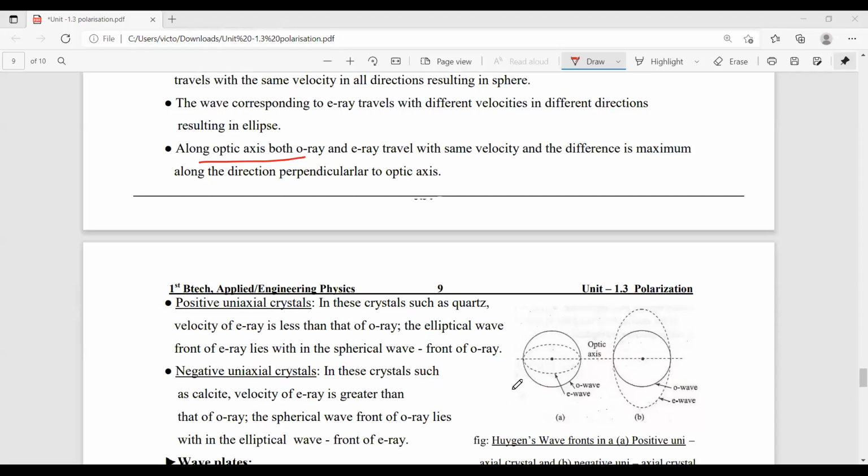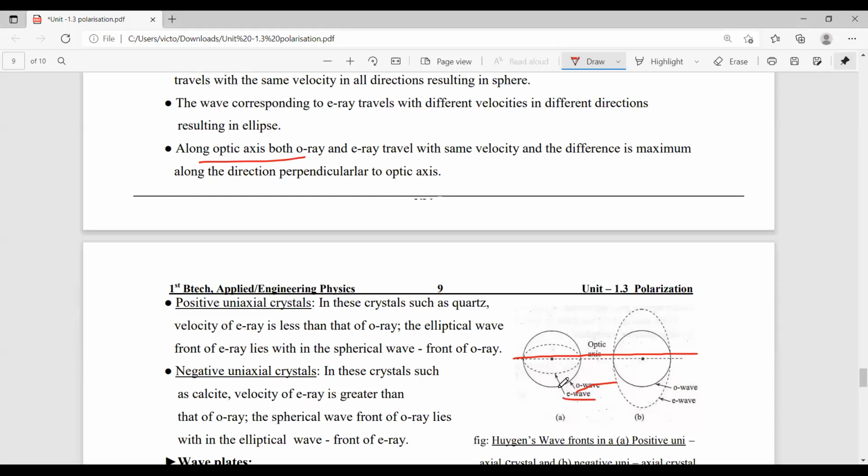For example, this is the direction of the optic axis in the crystal. In this direction, both the O ray and E ray travel with the same velocity.